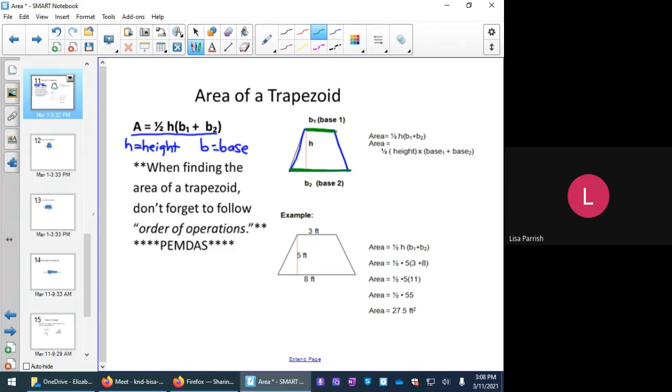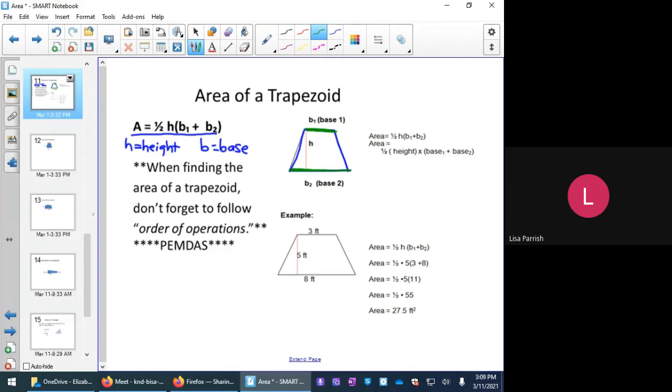What we mean by parallel is that they run the same distance apart, and would, if they kept going, never touch. When you think of parallel, I want you to think of train tracks. I want you to think about the sides of a ladder. Think of a door frame, a window frame. Those things maintain the same distance apart and they never intersect or meet.